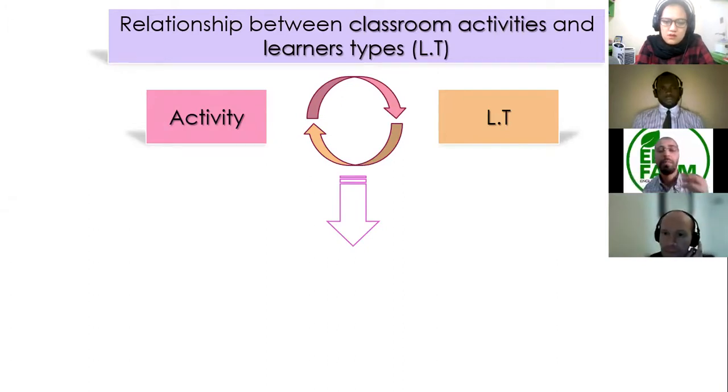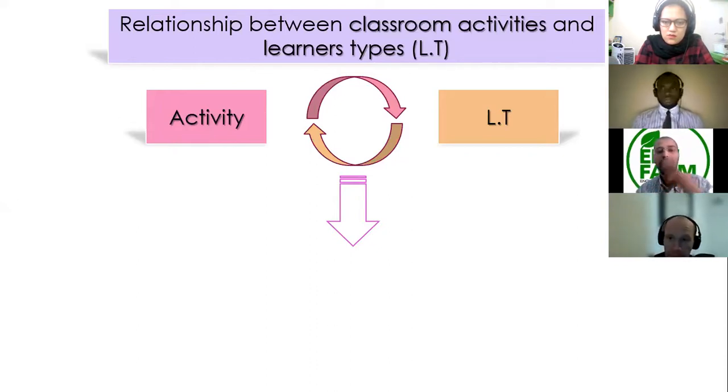For example, imagine a chain with a teacher, a student, and a lesson. What intersects between them is the activities. The activity is very important to connect this chain and combine all the components to give a lesson.